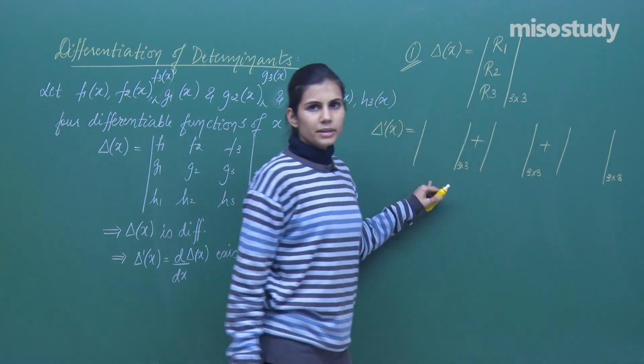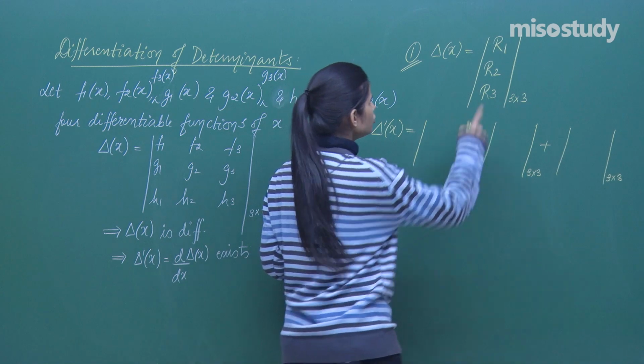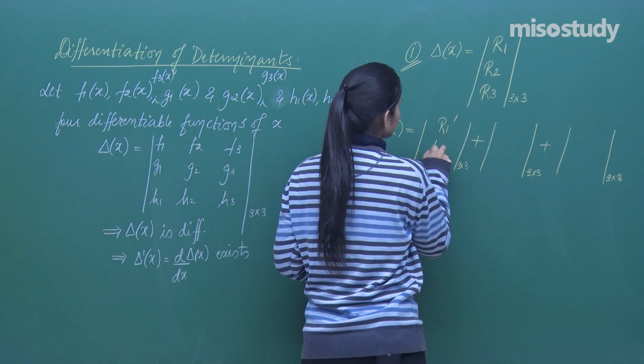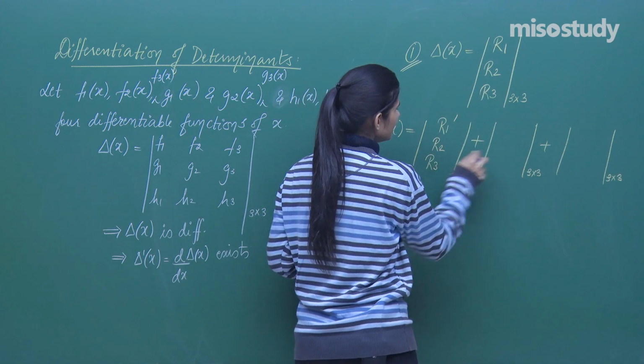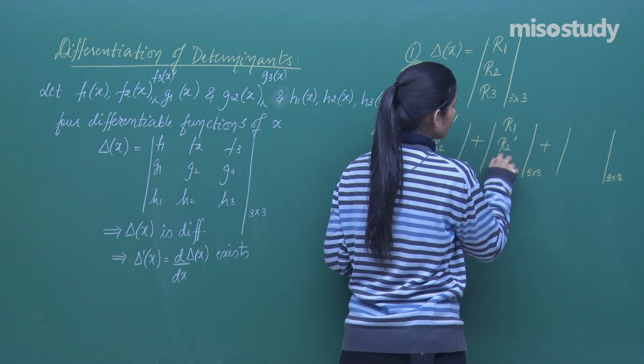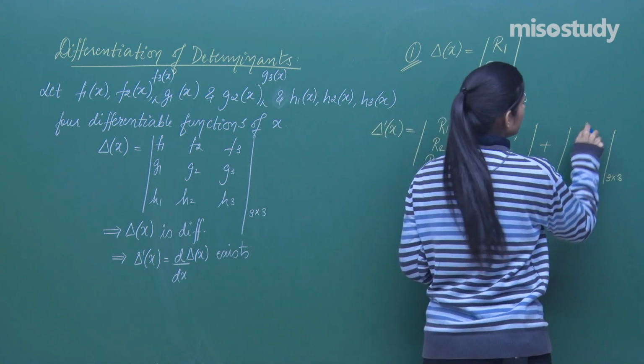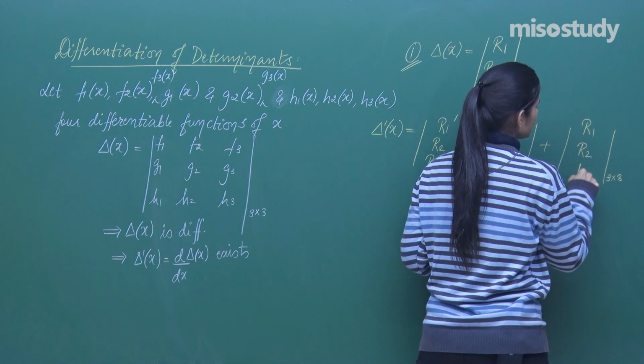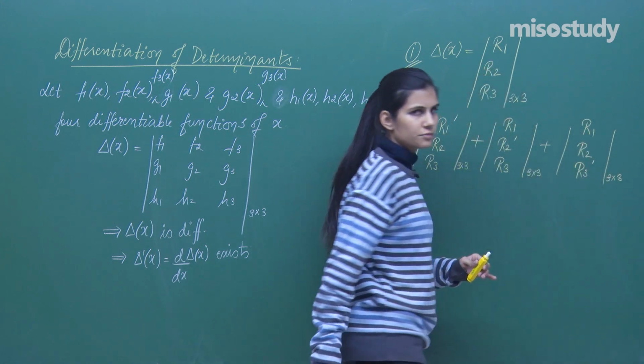In the first determinant, differentiate the first row and keep the other 2 rows as they are. In the second, keep the first row as it is, differentiate the second row, third row as it is. Here, first row and second row as they are, differentiate the third row.